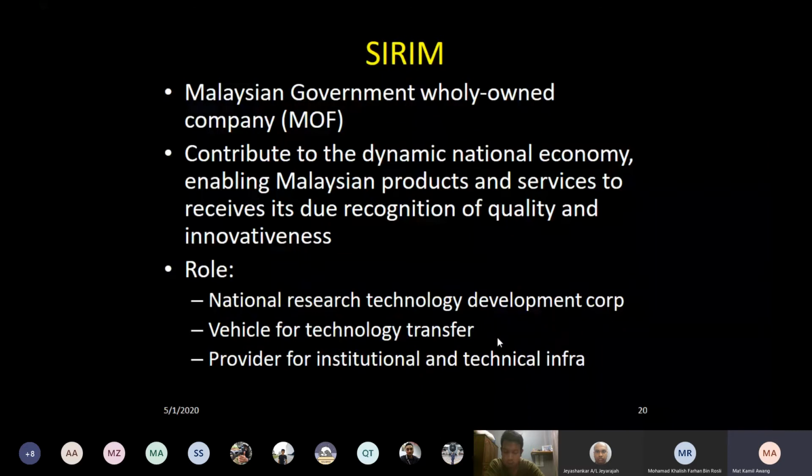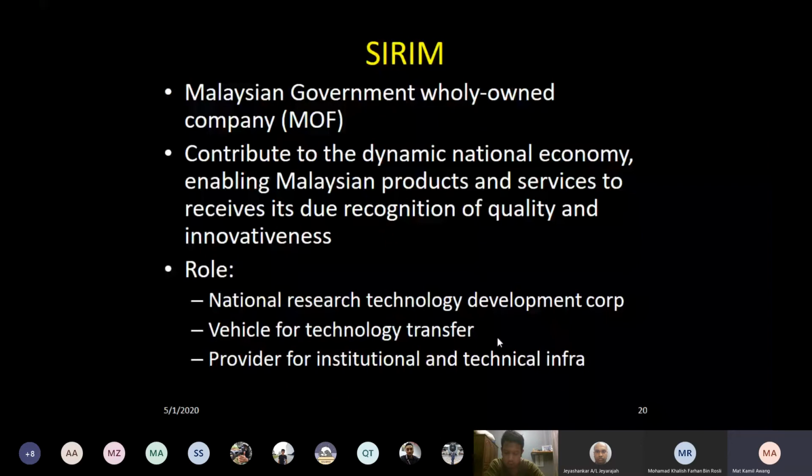So basically SIRIM will endorse certain products which meet the standards. The role of SIRIM is as the National Research Technology Development Corporation, and it's a vehicle for technology transfer. Basically SIRIM will acquire technology from overseas or develop technology on its own, then transfer it to local companies in Malaysia.